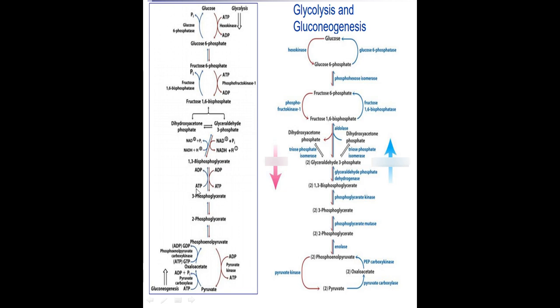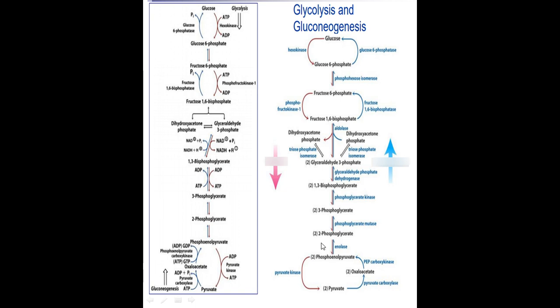Here ATP is produced in glycolysis, but in gluconeogenesis ATP is consumed. Once again, for phosphoenolpyruvate to pyruvate, ATP is produced by substrate level phosphorylation in glycolysis, but in the conversion of pyruvate to phosphoenolpyruvate in gluconeogenesis, ATP is consumed.